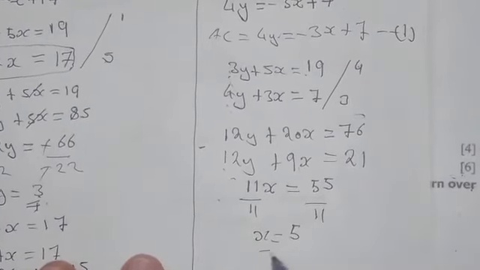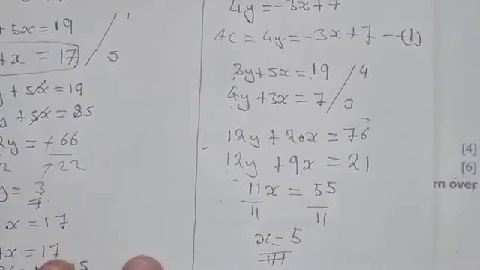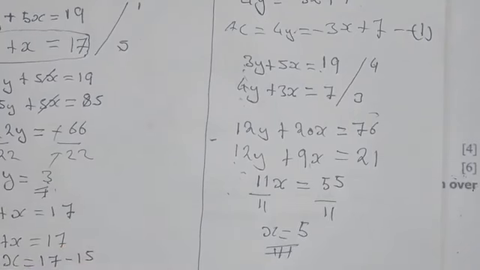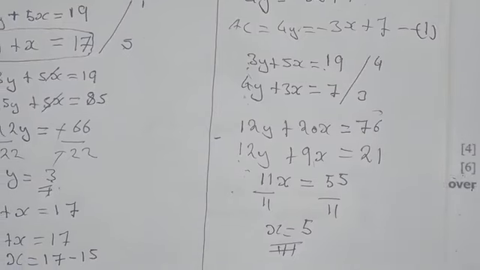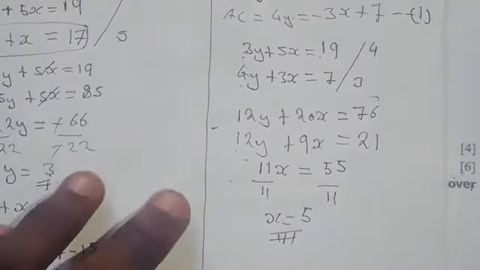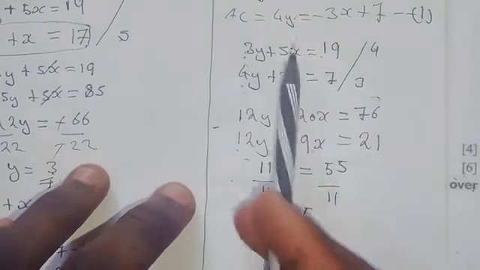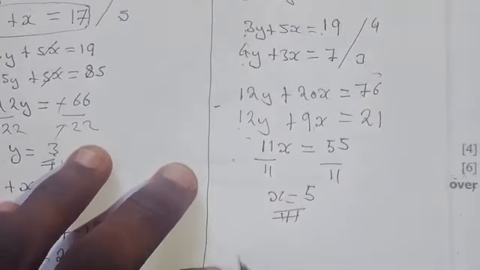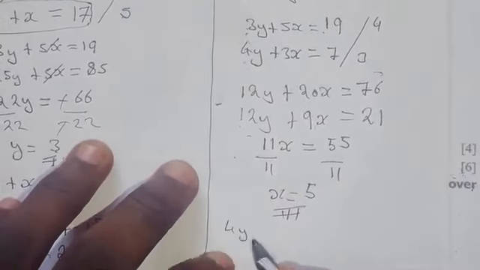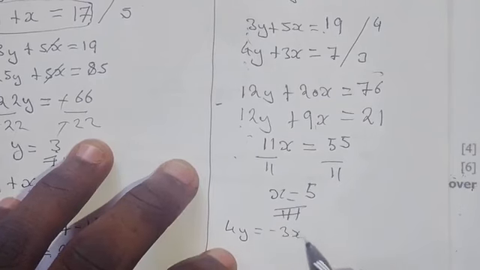Numbers don't lie. So having found the x coordinate for C, it's now easy for us to find the remaining coordinate, which is y. So we had our equation, which is 4y is equal to negative 3x plus 7.